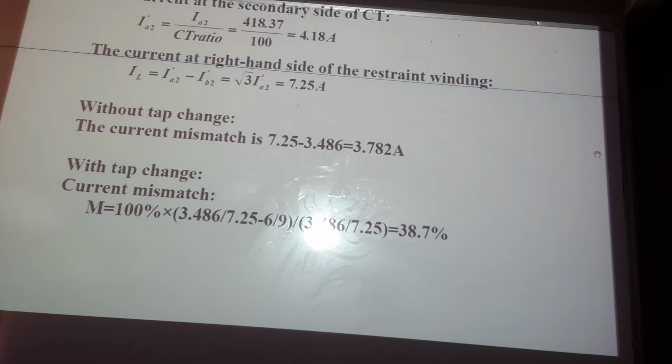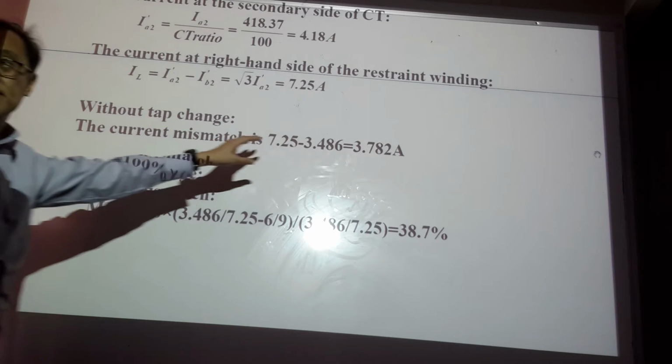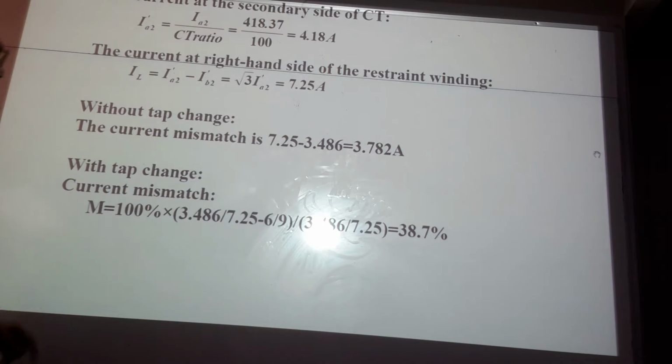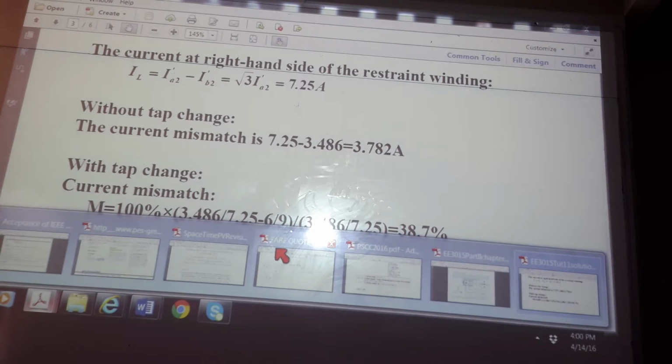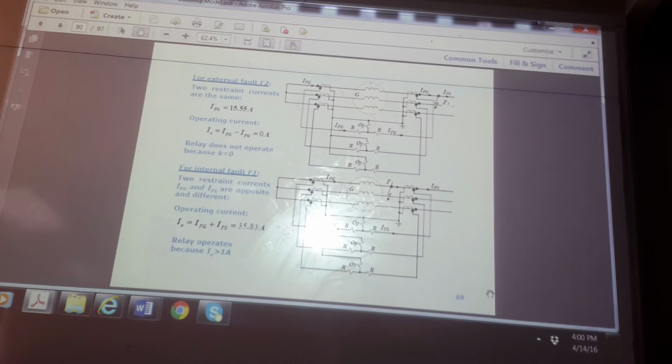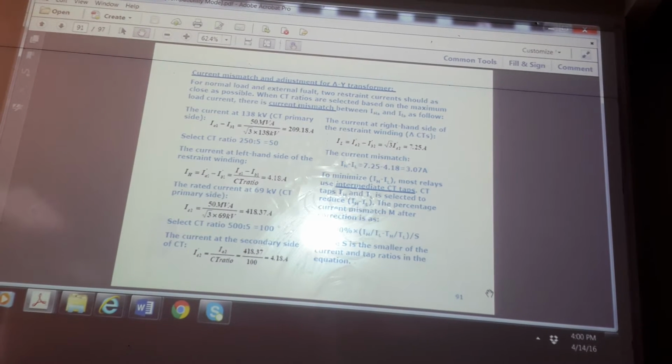It's very high. So what we suggest is we use a tap to minimize the value to kind of make it less sensitive. And this is following the notes that he has given to you. So it's here. This part of the lecture notes.